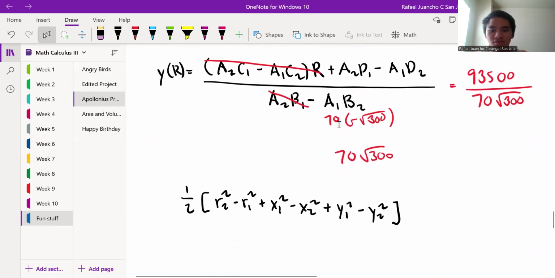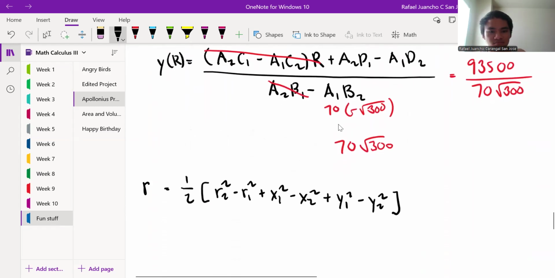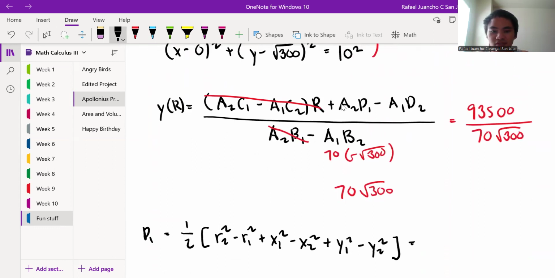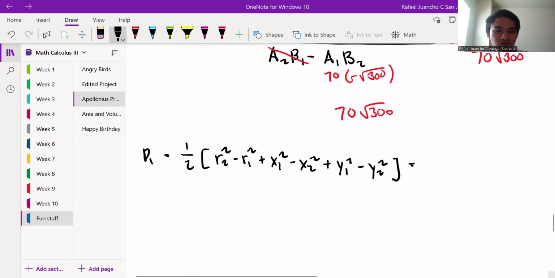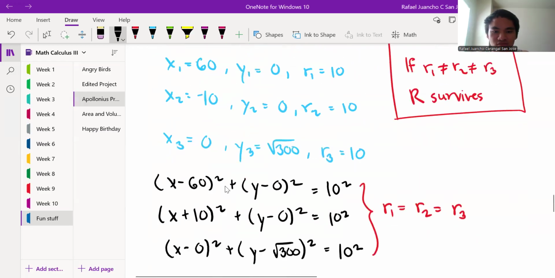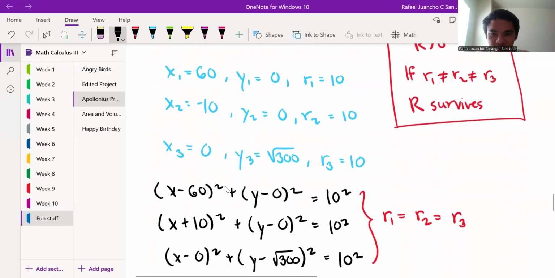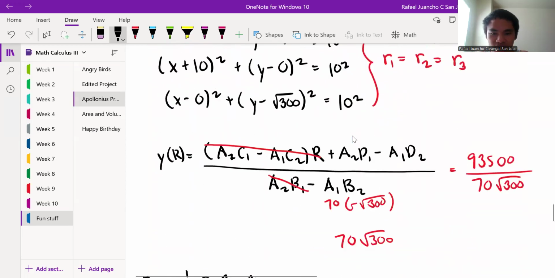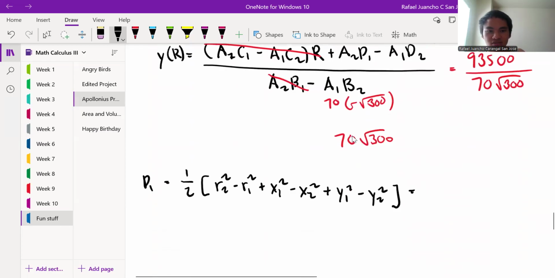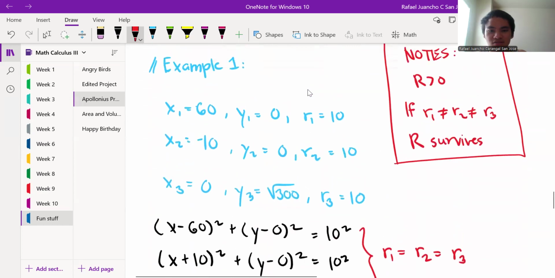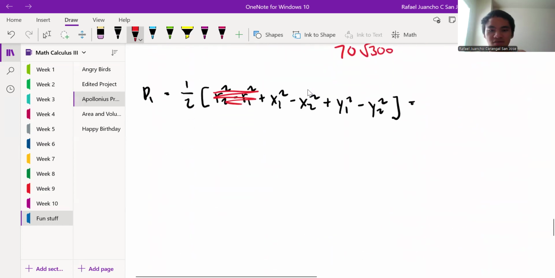It was D1. Okay. D2 is different. So 60 times D1. D1 is 1750. Is that right? If yes, then there's something wrong with my formula. So they're all the same radius. So this is 0. X1, X2, well that's 60 minus negative 10. 60, oh, but it's squared.